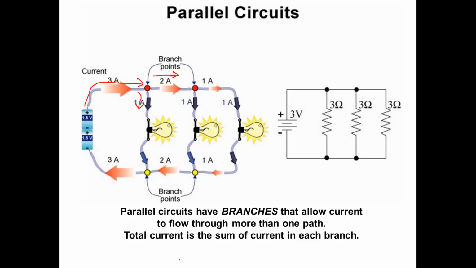The total current in the circuit is the sum of the individual branches. In this case, we have 1 amp of current flowing through light bulb 1, 1 amp in light bulb 2, and 1 amp in light bulb 3. Our total, 1, 2, 3 amps, is the amount of current leaving the battery.